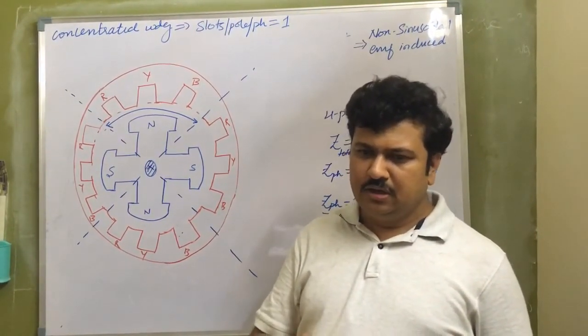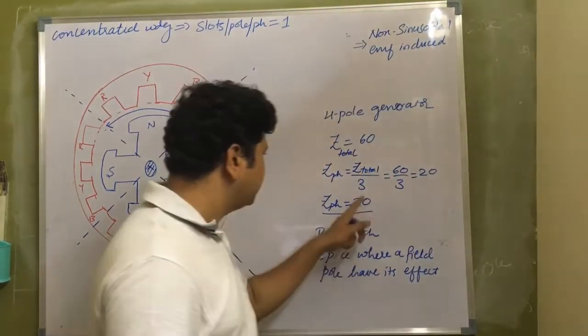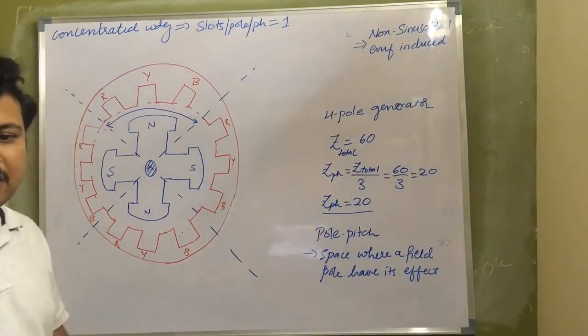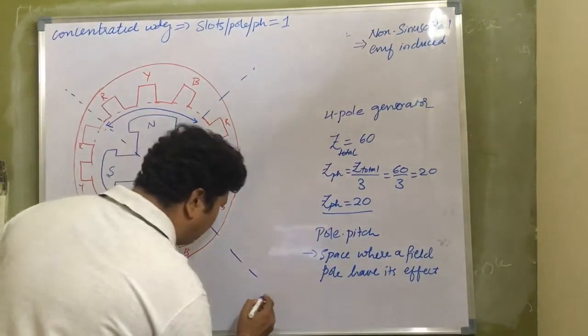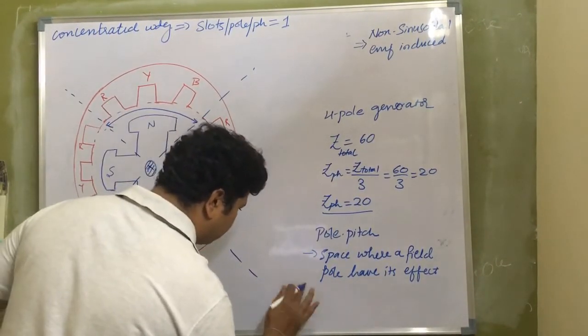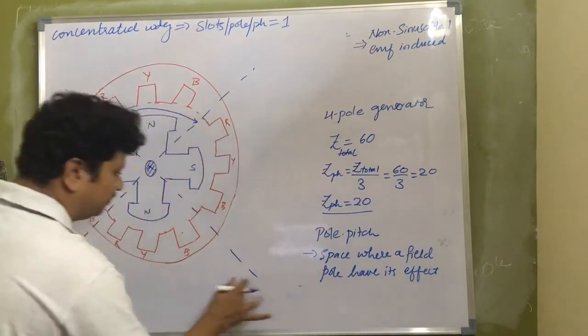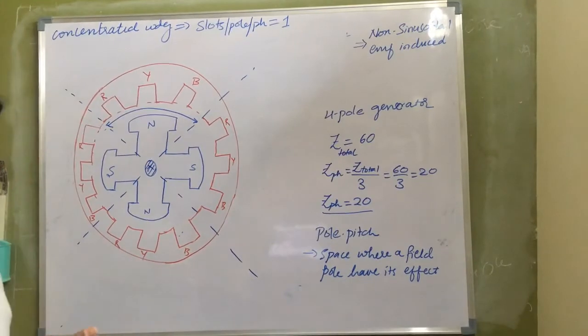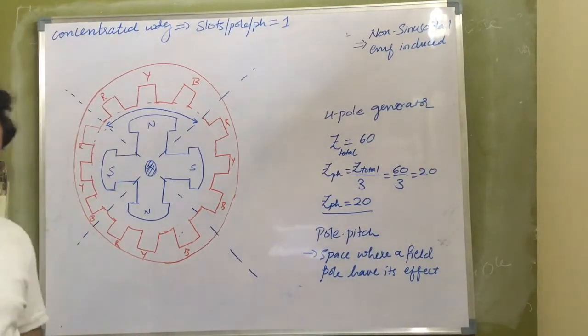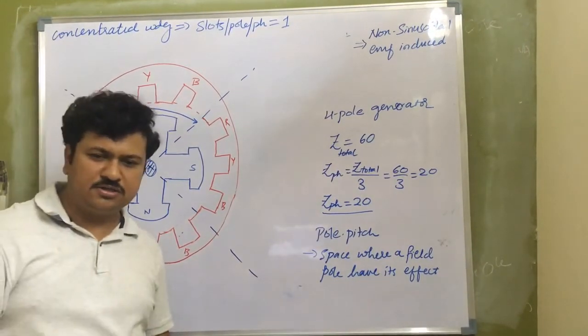Now there are 20 conductors per phase. Then what will be conductors per slot? So in R phase there are 20 conductors. In B phase there are 20 conductors. In Y phase there are 20 conductors.